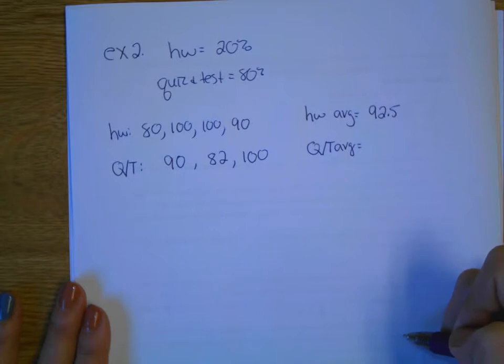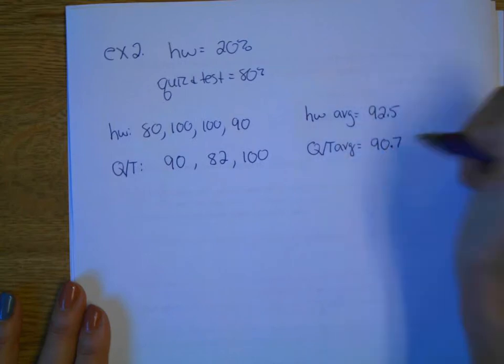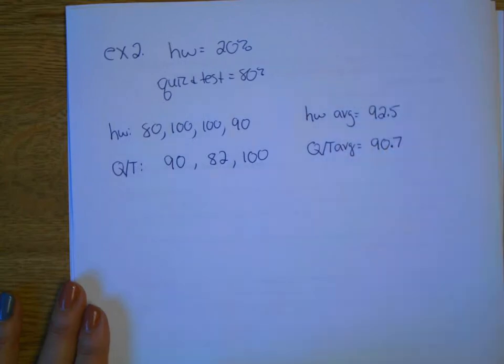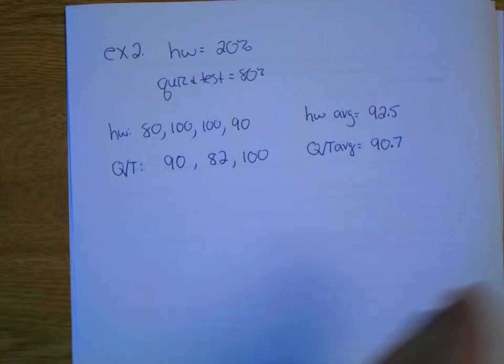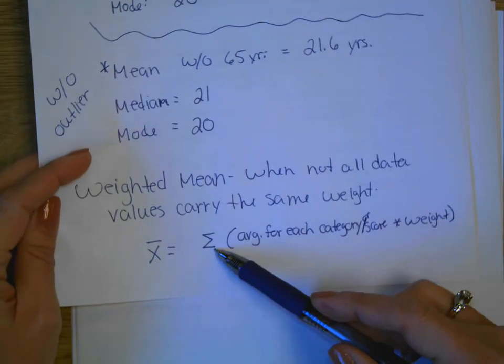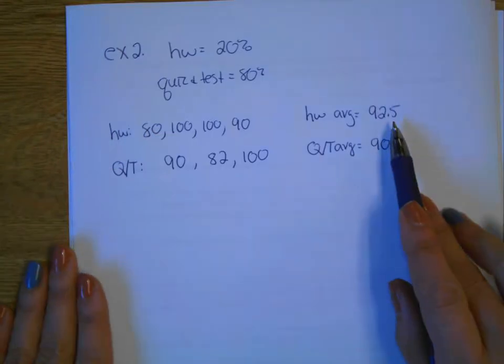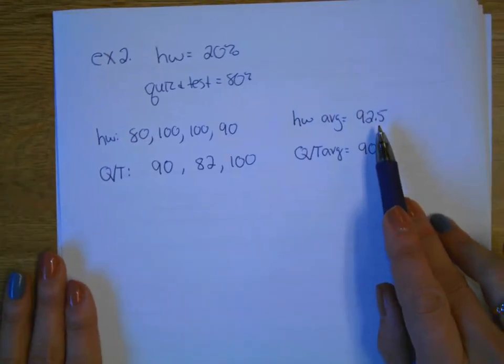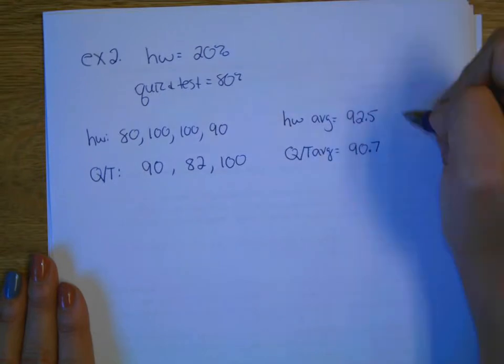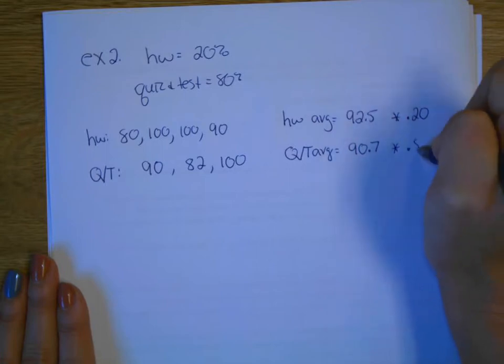90.7. Okay, so now we have the averages. To do the weighted average now, what am I supposed to do? Multiply by the weight and add them together. So, what's the homework average going to get multiplied by? What's its weight? 0.2. And the quiz test weight? 0.8.